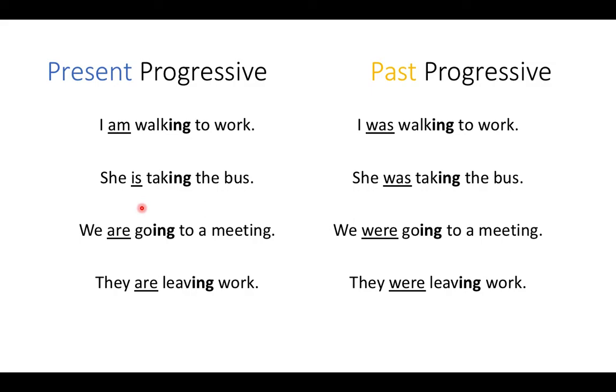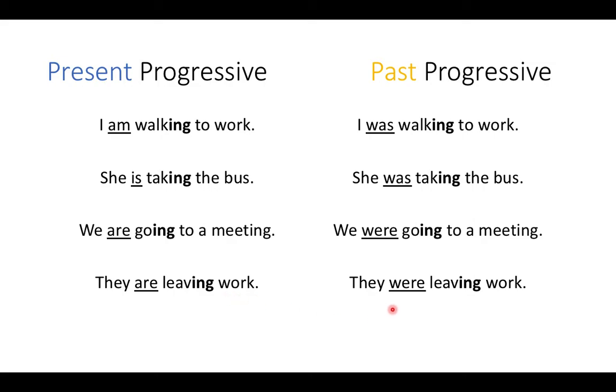Present progressive, she is taking the bus. Past progressive, she was taking the bus. Present progressive, we are going to a meeting. Past, we were going to a meeting. Present, they are leaving work.